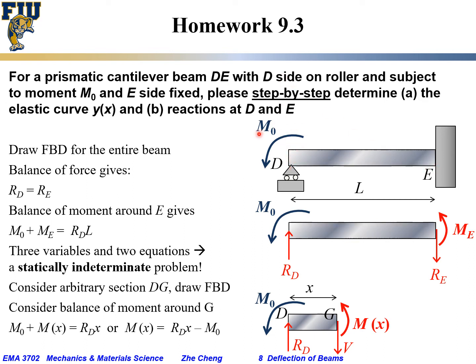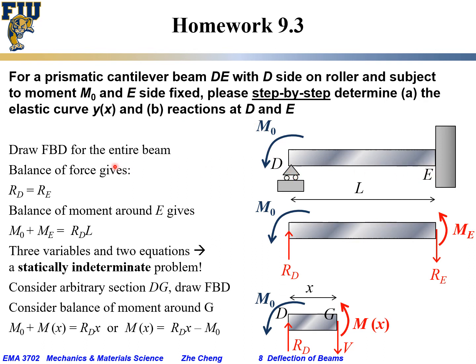It is subjected to a local moment M0 applied at the D side, or left side. We want you to determine step by step the elastic curve y(x), where y is the vertical deflection at location x, and also the reactions at D and at E.